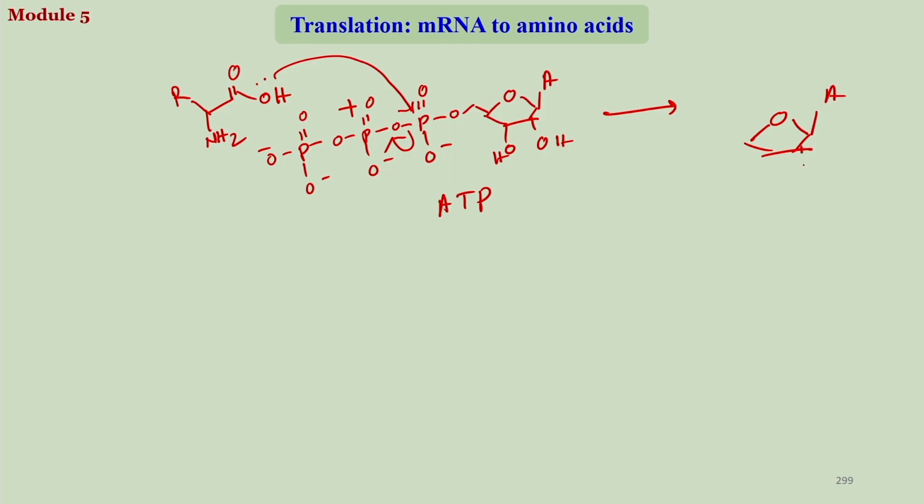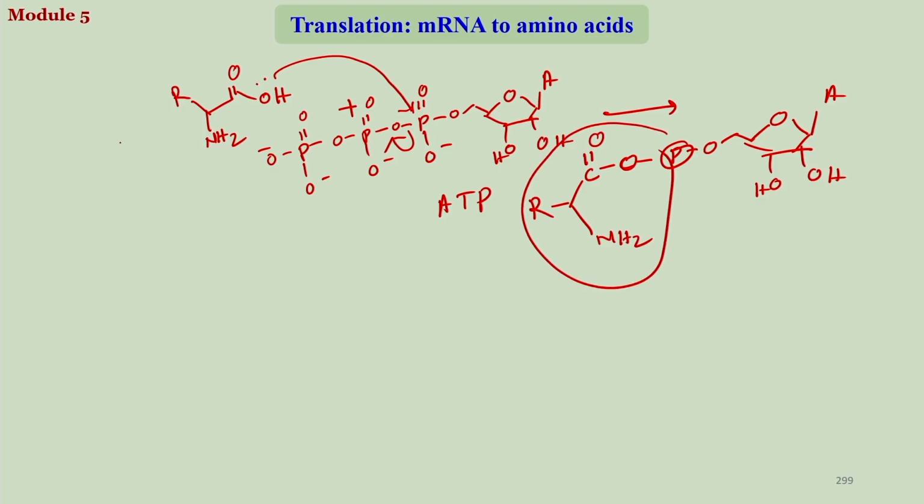What you have now is A, O, phosphate, then O, CO, this is your R, this is your NH2, your amino acid AA.